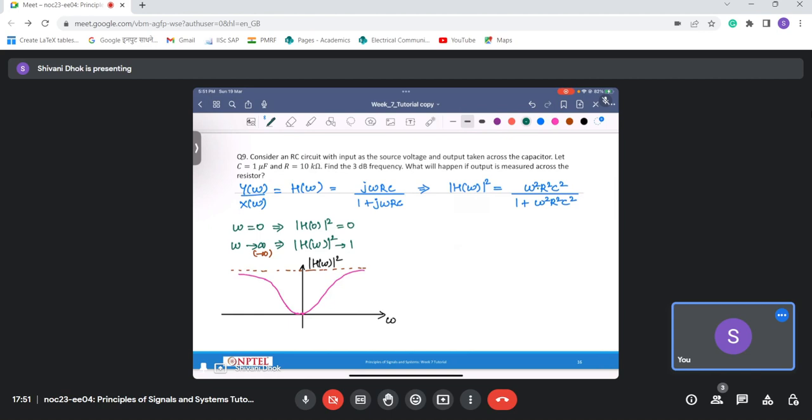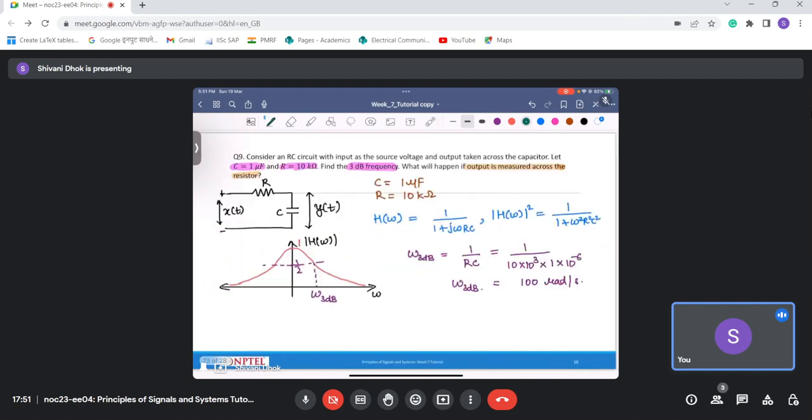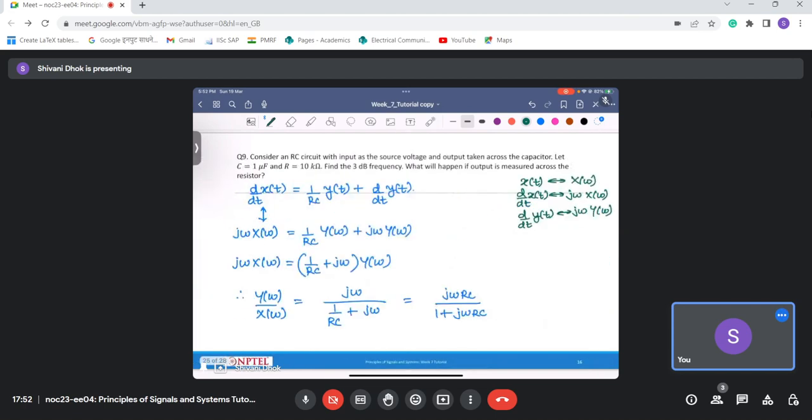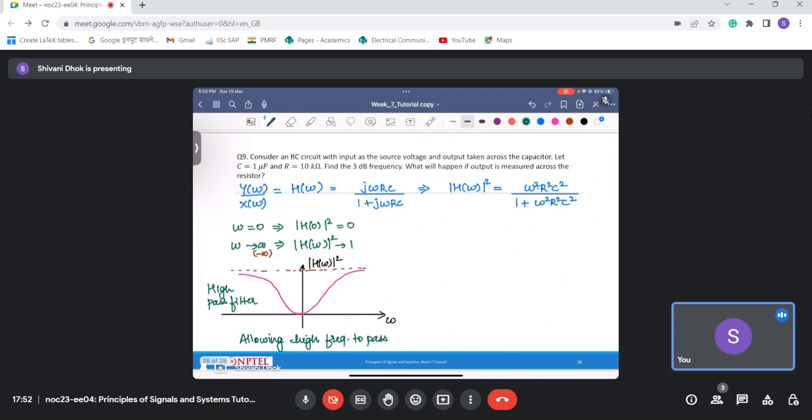Basically, this is allowing high frequencies to pass, and this is a very basic example of a high pass filter, and the earlier one was allowing the lower frequencies, and therefore was an example of a very basic low pass filter.